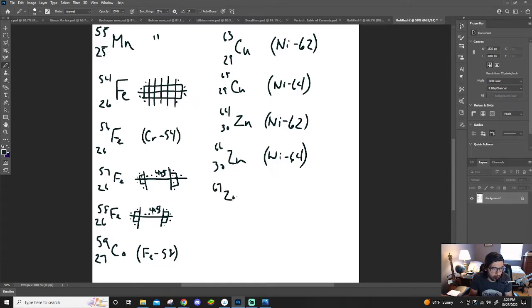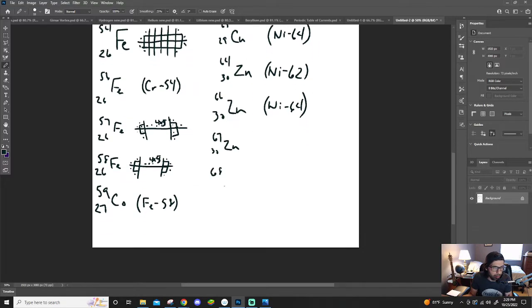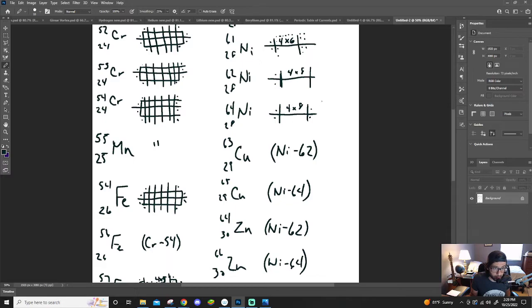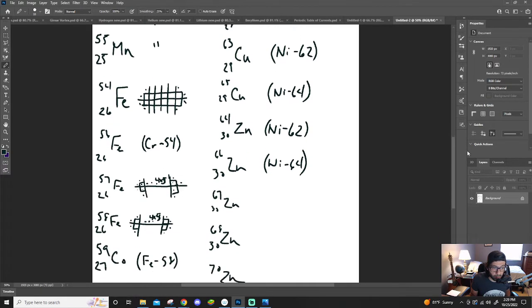67, zinc, 68. And 70. Okay, so 37 neutrons from this structure. We go back to this structure. 37 and 38.